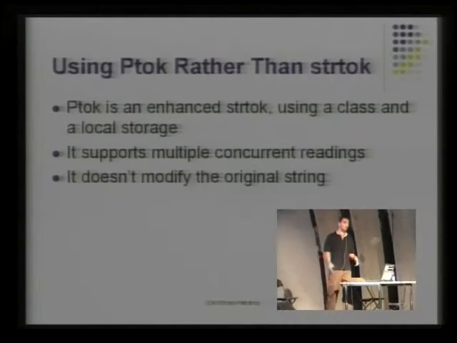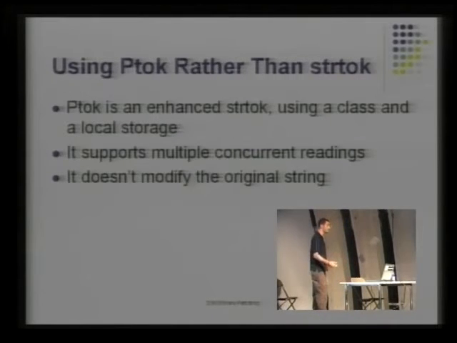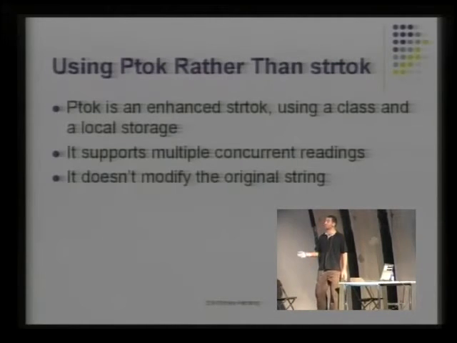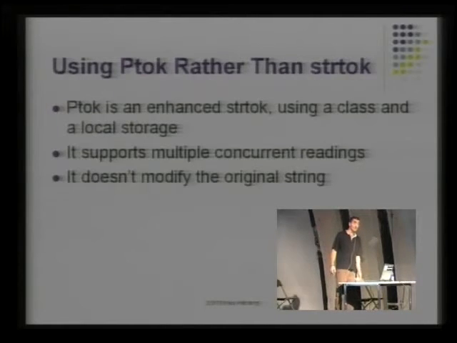So strtok can be used only once per thread, and in this case, it doesn't change the original string. That I'm not sure why they needed it, but this is the way it works.